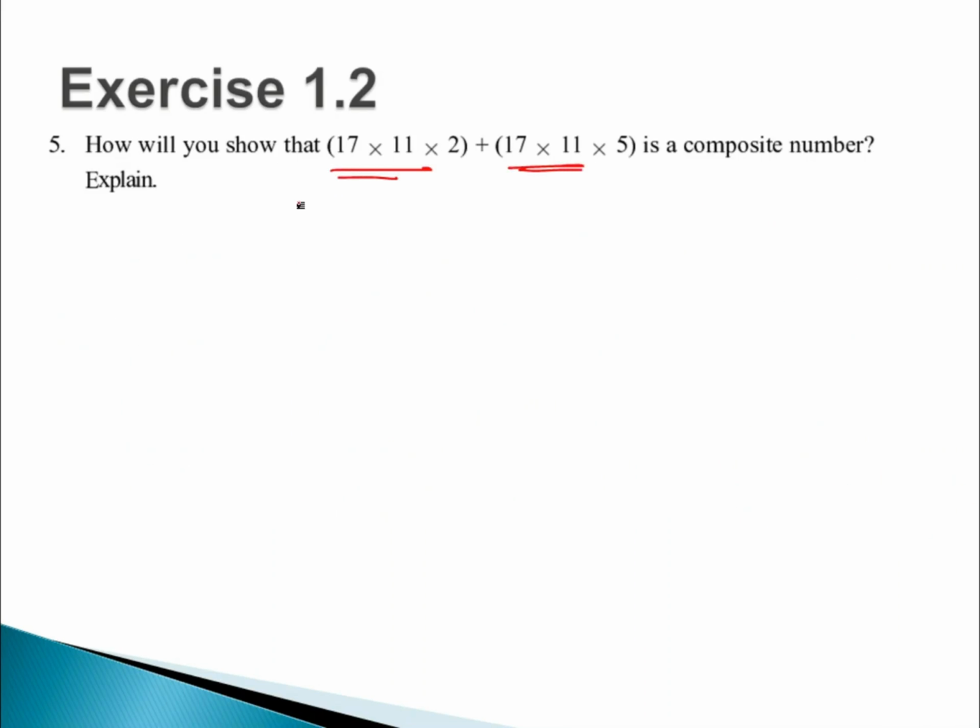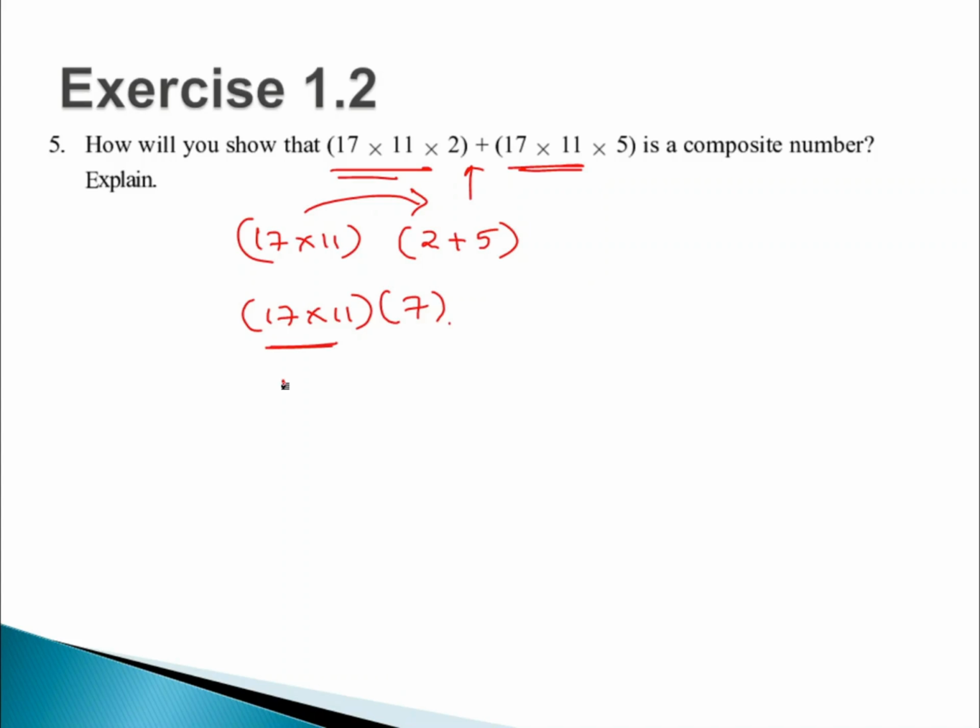Directly, isn't it? Means I can take out 17 into 11 and I can add up this with these numbers. If you do this, right, this is your resultant. Okay. Now, what is the resultant of this one? If I proceed more, this is 7. Okay. Means when I'm doing these two, I can write 117 into 7, right?